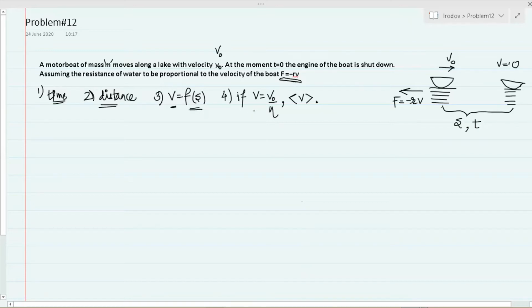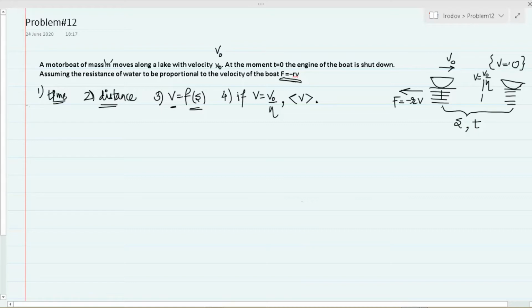Also, they say that if somewhere in between, like say here, the velocity assumes the value v naught divided by eta, we have to find the average velocity, the mean velocity during this time of travel from here to here.